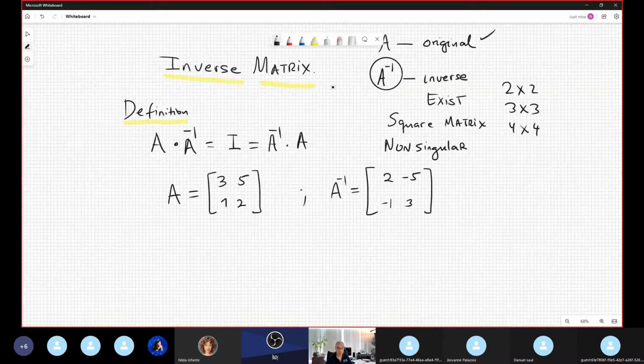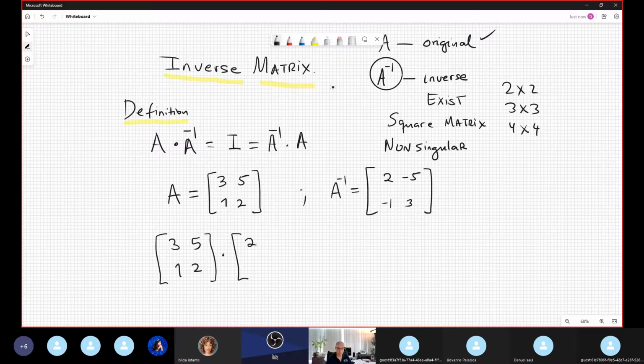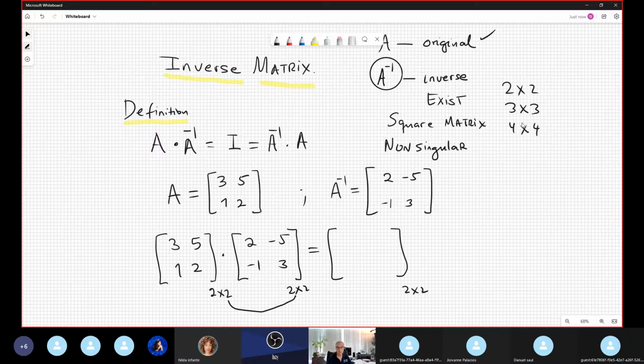Okay, let me try. Multiplication, 3, 5, 1, 2, times 2, -5, -1, 3. First of all, check the dimensions, whether they match or not. 2 by 2, 2 by 2, of course, matching perfectly, and the new matrix is 2 by 2, so good. Now let's do it.